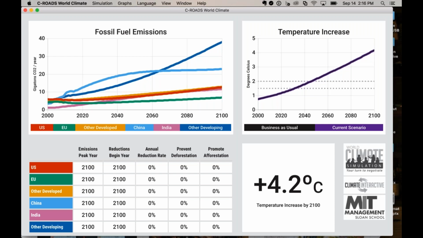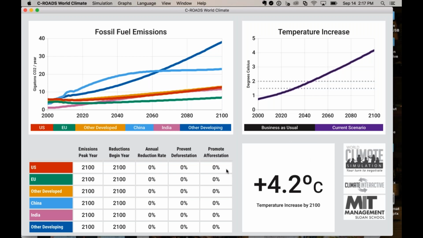We do an exercise where we add up all of the pledges that countries have actually made to the negotiations and report that out to the world, and have done a number of other things with it. Most recently, the New York Times, for example, featured an interactive tool that we used C-ROADS to run all the different results for, and then helped the New York Times design this interactive. So this is used for a lot of applications outside of the World Climate Simulation, but World Climate Simulation is definitely one of the more popular ways in which people come to C-ROADS.